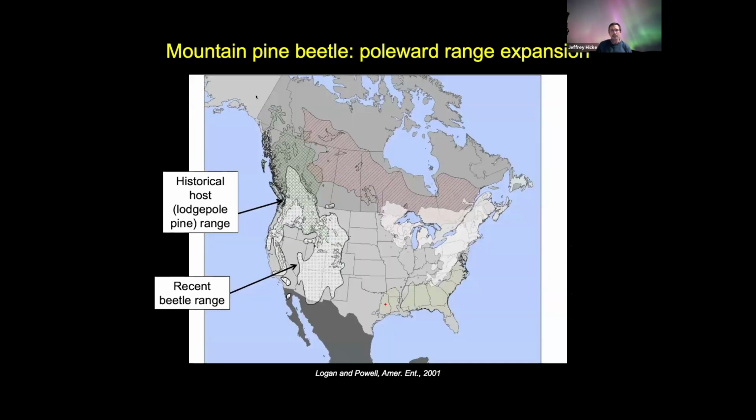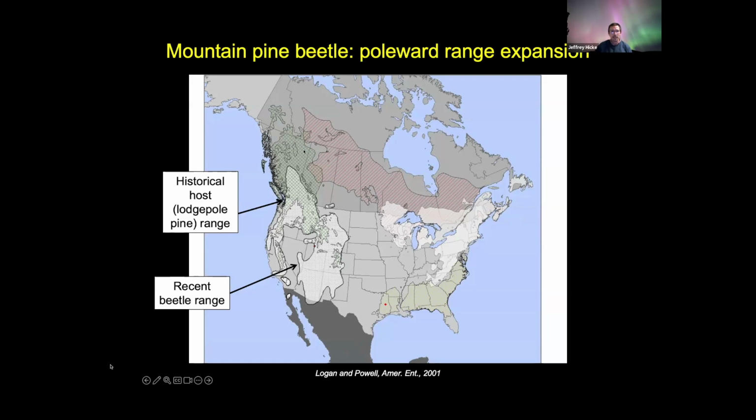So I'll start with that and discuss poleward range expansion. This map shows a number of different things. In the gray stippling, what's mapped was the recent range of mountain pine beetle up to maybe 2000.